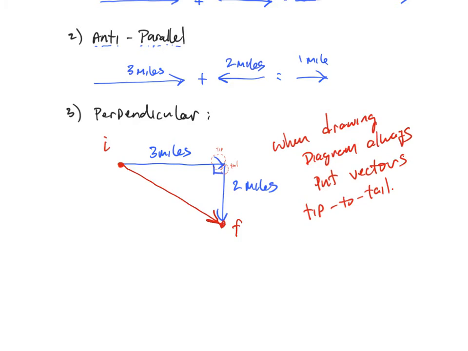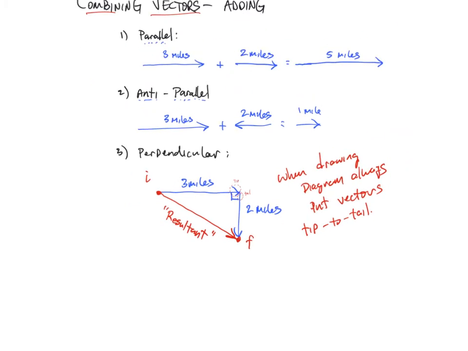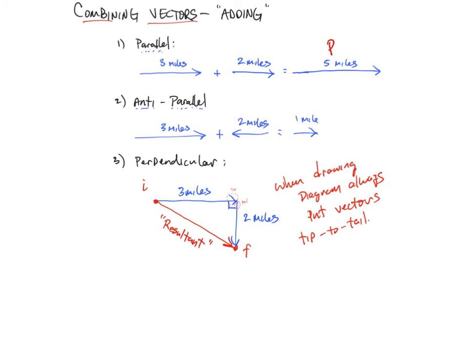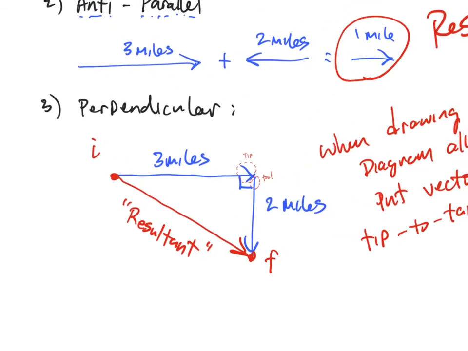In fact, in vector terminology, we call this the resultant. The resultant is the vector that you get when you combine the 2 vectors. So I didn't write this, but this is a resultant. Right here, this one. And this one here is also a resultant. So here we have the resultant.